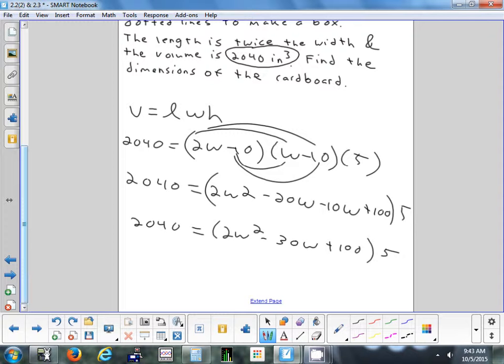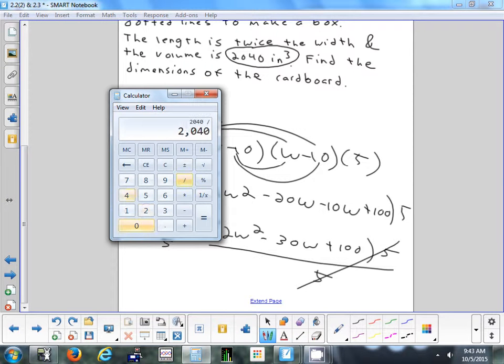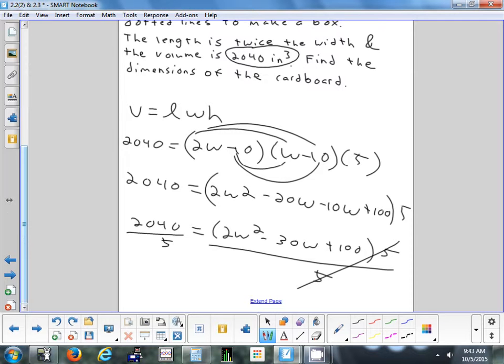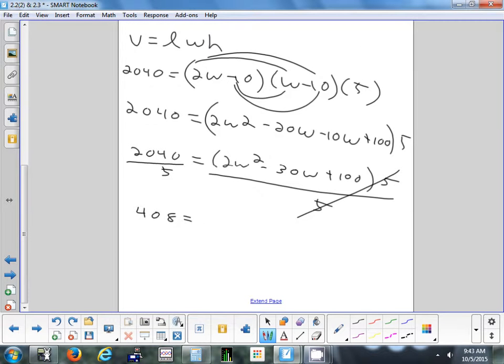And you know what I could do? Instead of distributing this 5 out, divide it. Just take and divide each side by 5. That's going to make all the numbers smaller. 408. Okay, so we get 408 equals 2w squared minus 30w plus 100.